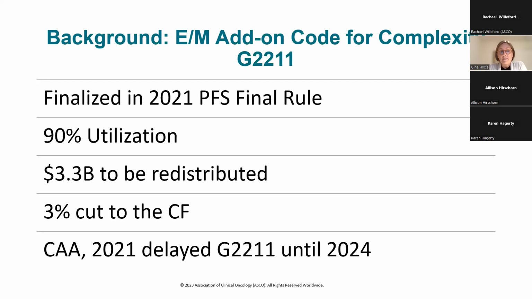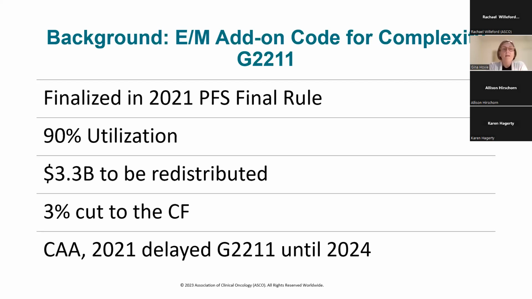When CMS originally proposed this code, they assumed that it would have a 90% utilization. That means that they expected everyone who was billing an office or outpatient E&M to add on this code 90% of the time, which is fairly high.